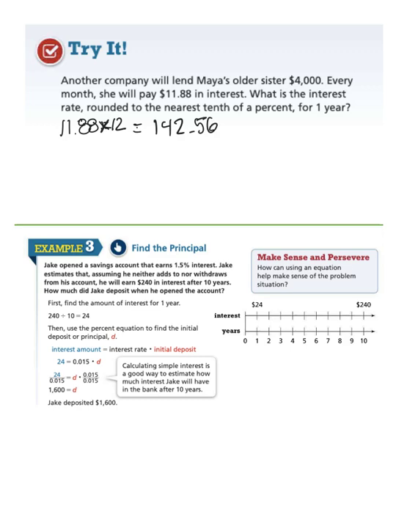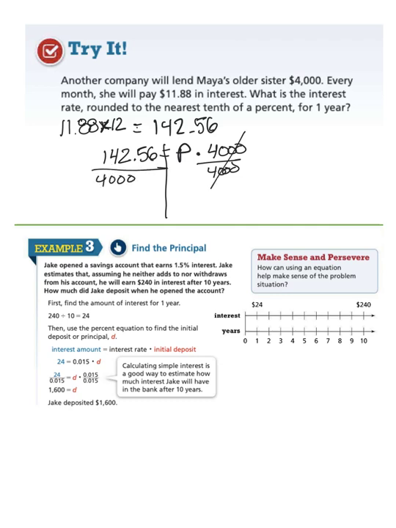So once you have found the total interest that you're going to pay, you're going to put $142.56 to the left of the equal sign. We're looking for the percentage rate that we are going to pay, and this is on a total loan of $4,000. So in order to solve this, opposite of multiplication is division, so we're going to divide both sides by 4,000.